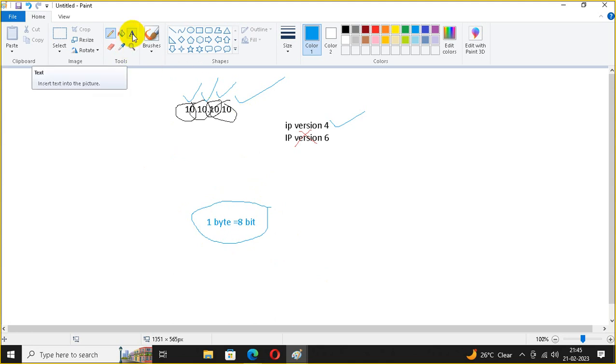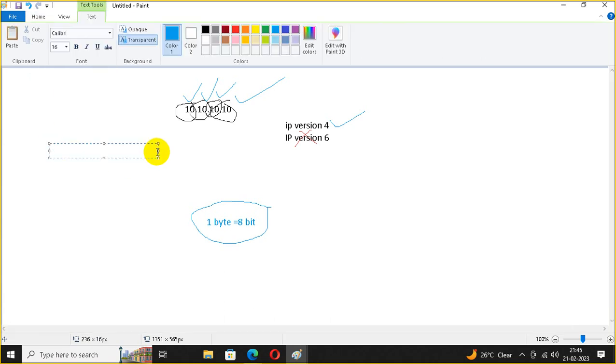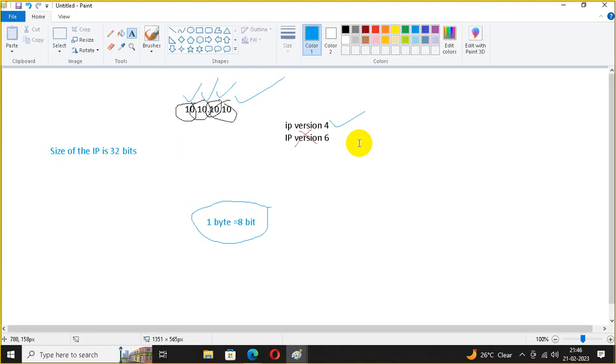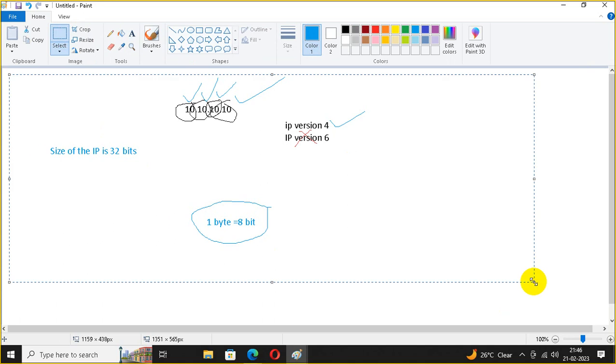So what is the size of the IP address? 32 bits. Perfect. Now let's understand.